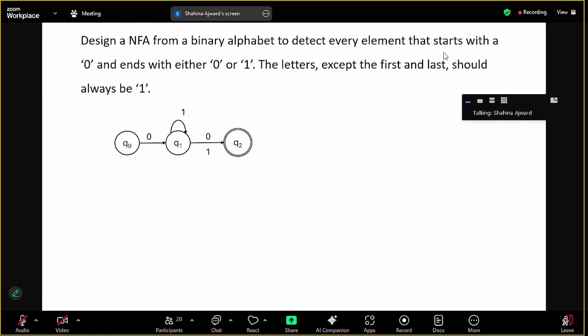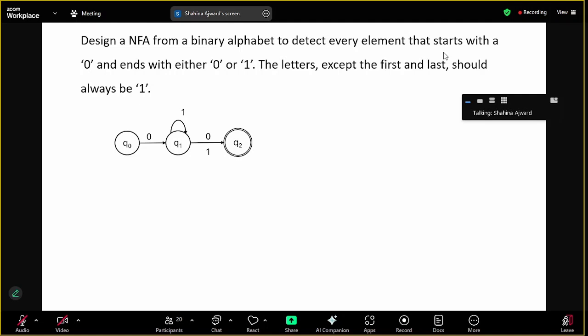If you go for 3 letters, 0 1 0 works, and 0 1 1 is also possible. But we can't have 1 0. If you start from 1 0, it is not going through this path, so it won't be accepted by this language.